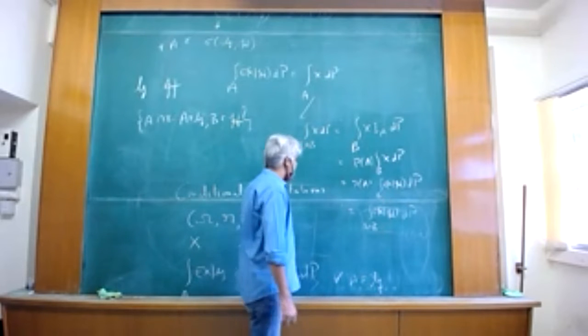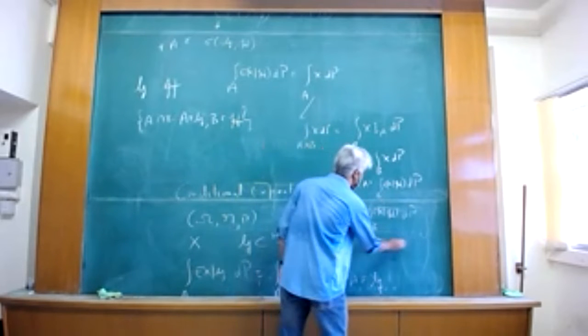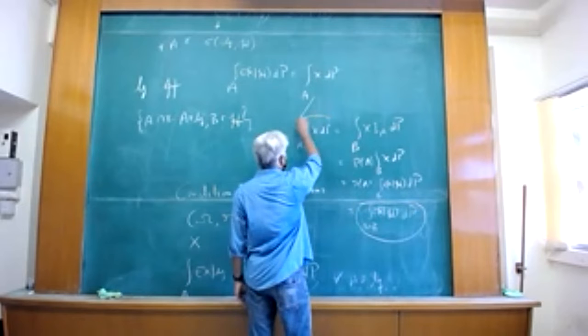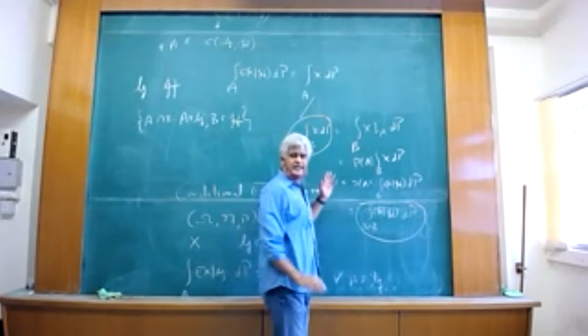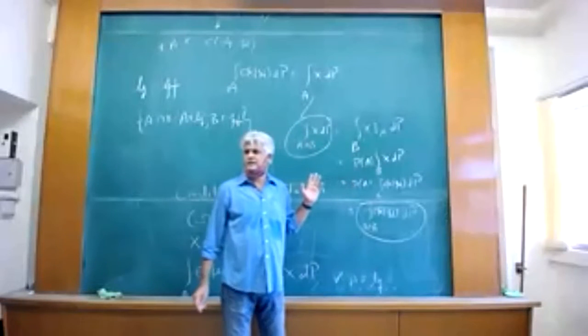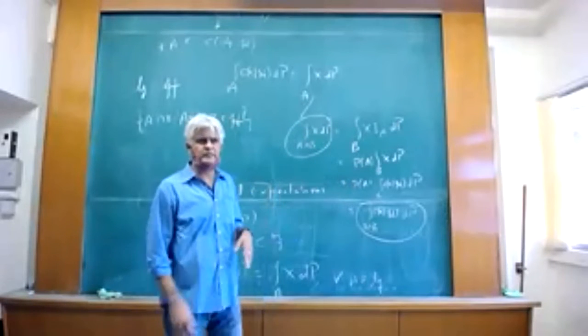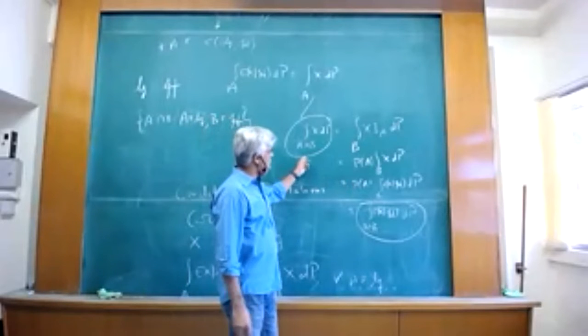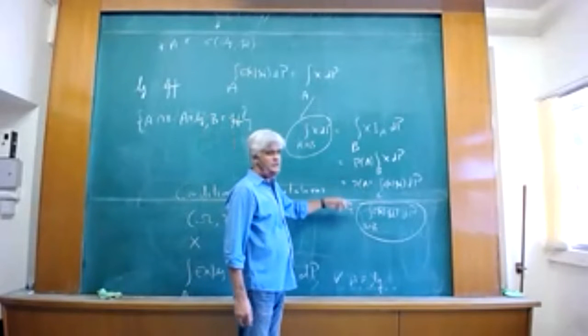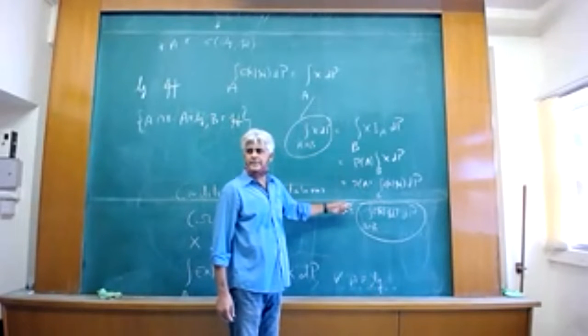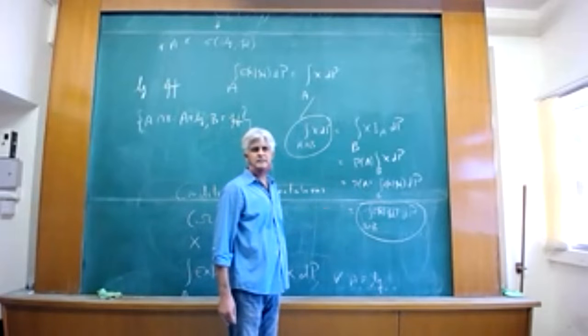So this agrees with this. Again, we just take x to be non-negative; otherwise we treat x plus and x minus separately. So these two are non-negative measures which agree with each other on the pi system, and hence they agree on the sigma algebra which contains the pi system. That's it.